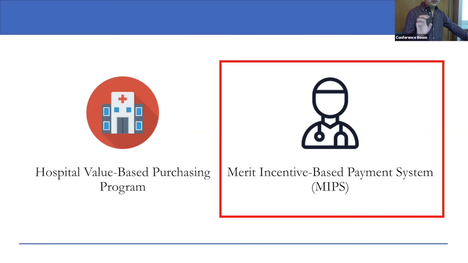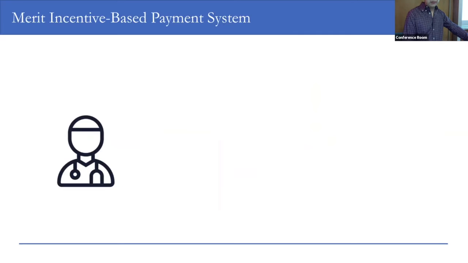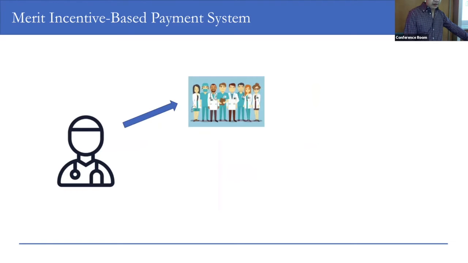looks at individual physicians' compliance with certain quality metrics, and then Medicare gives incentive payments on the physician fee for reimbursements. So under MIPS, we go about our day-to-day practice, and with the EHR, certain quality metrics are kept track of.